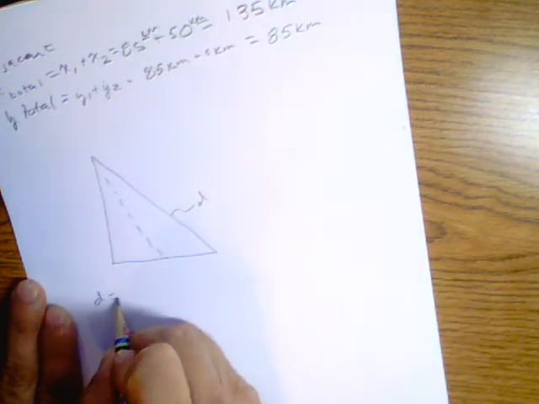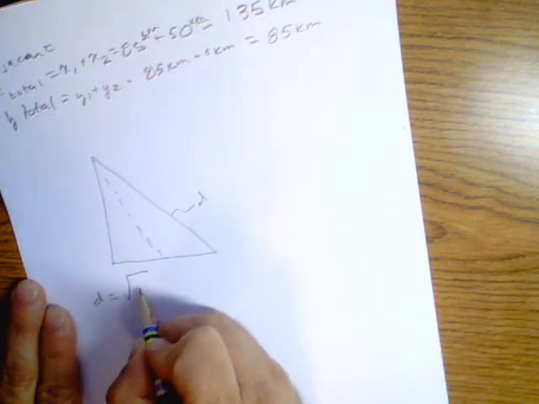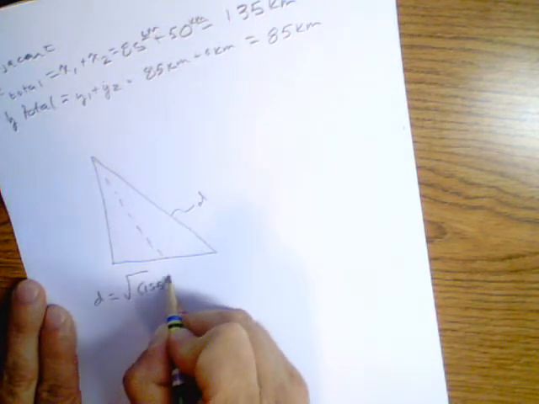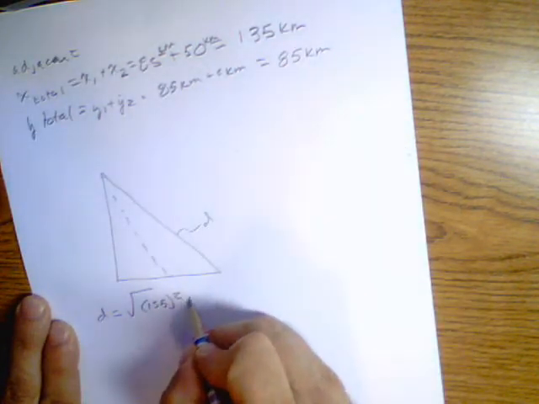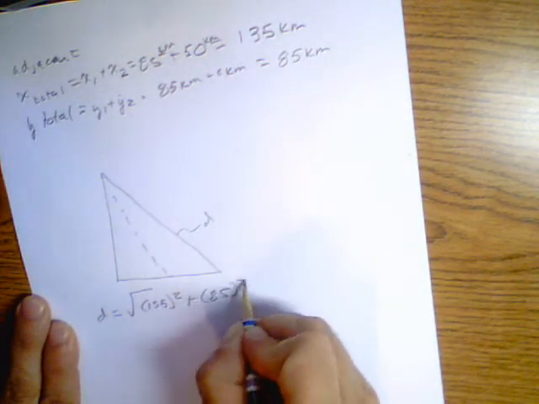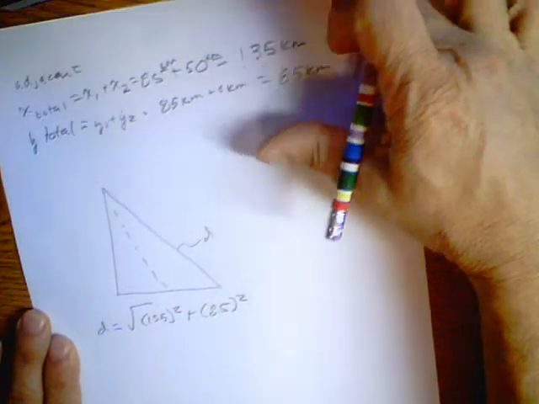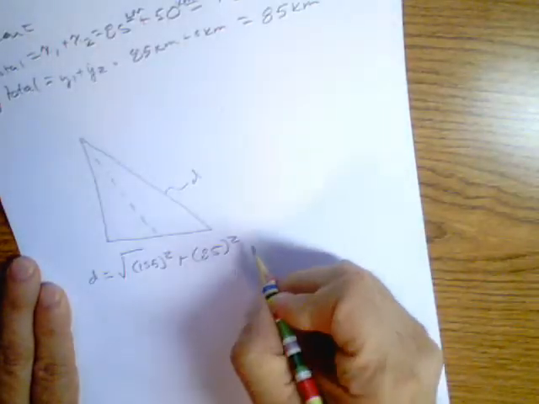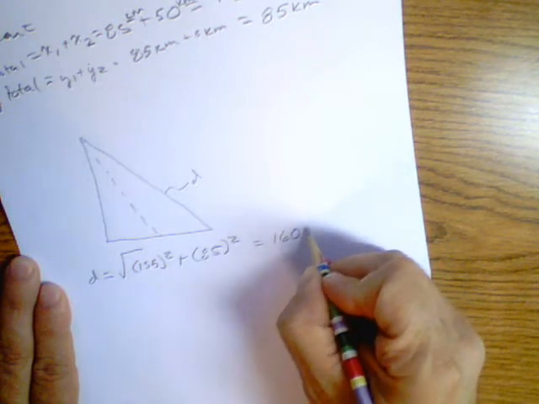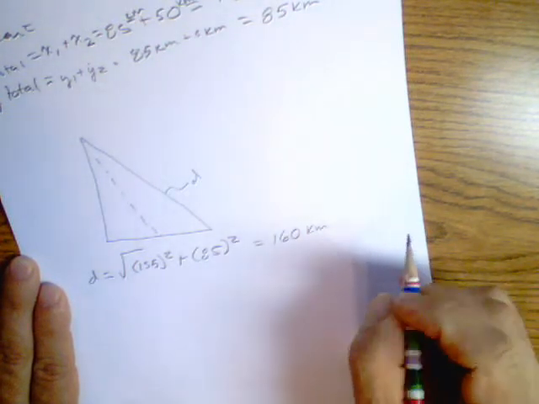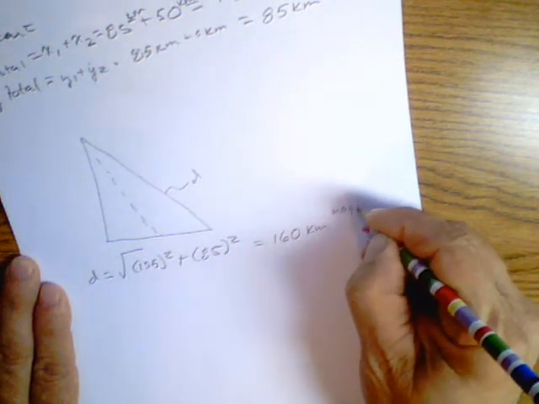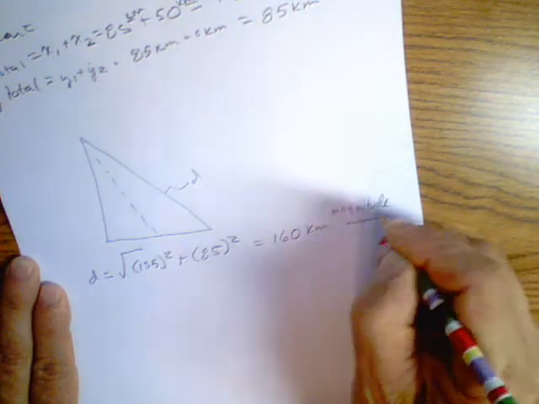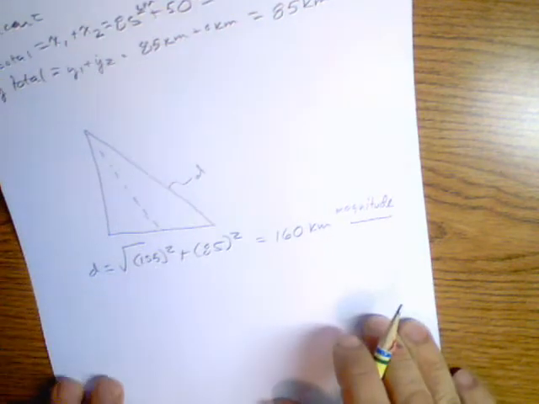D is the square root of 135 squared plus 85 squared. You know where I got that. We're just using Pythagorean here, and 160 kilometers is the magnitude. So that's d, the magnitude of the vector.